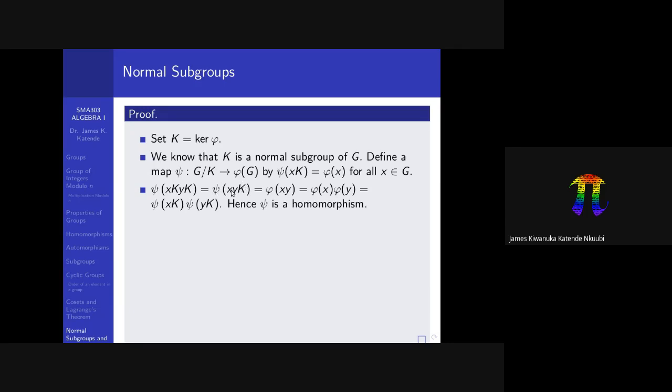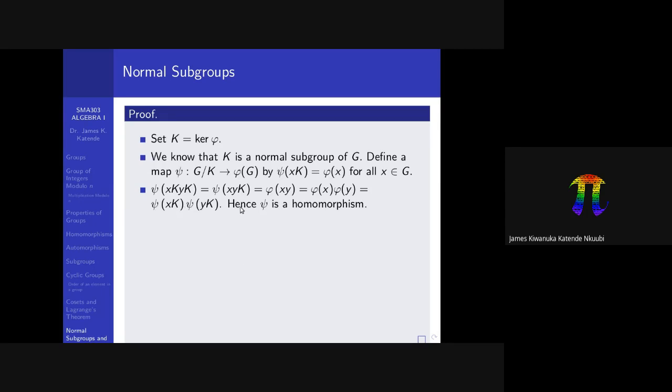So then I can get the image of xyK, and under the definition, this should be the image of xy under this map phi. And that means, since I already know that phi is a homomorphism, I can write this as phi(x) phi(y), but I know phi(x) is the image of xK, and phi(y) is the image of yK under this psi, this Greek letter psi, the map.